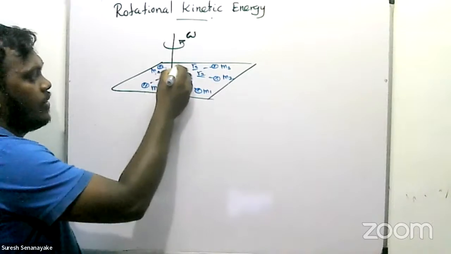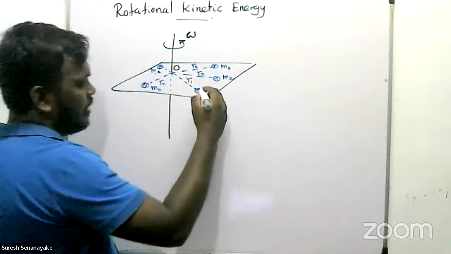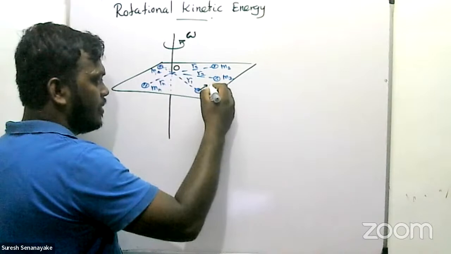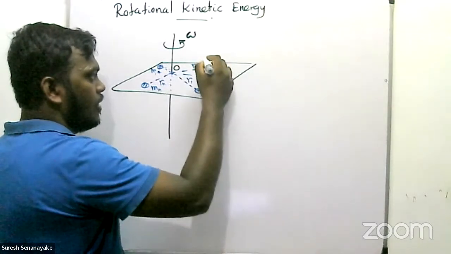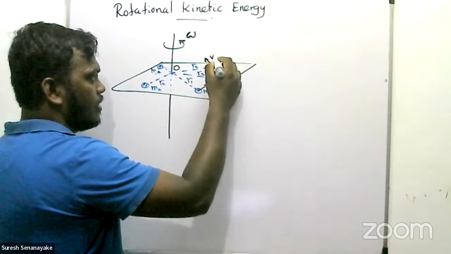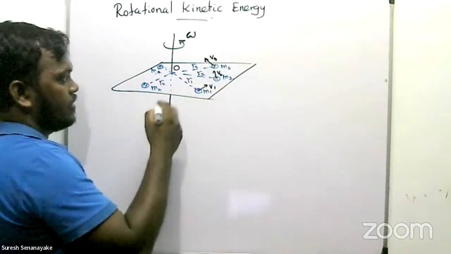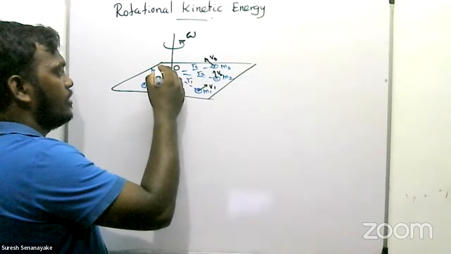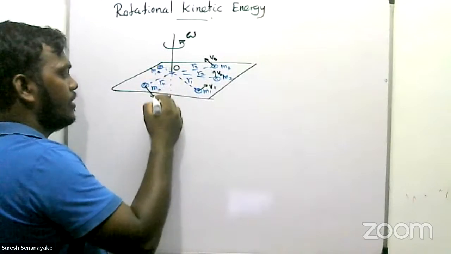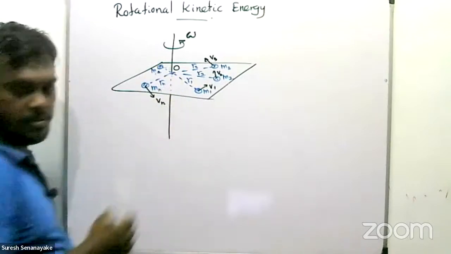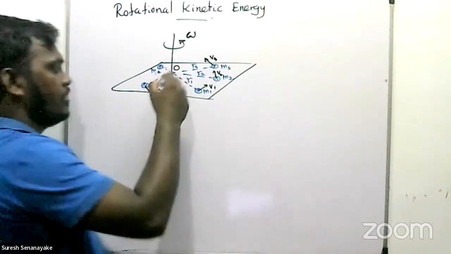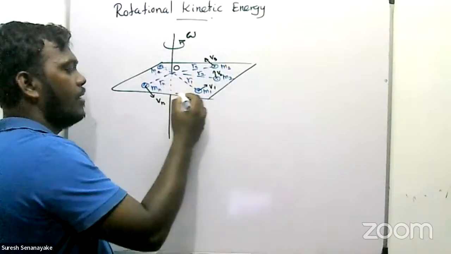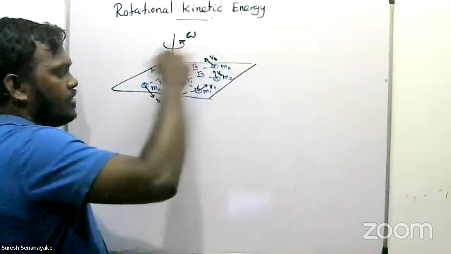The linear velocities in these directions are v1, v2, v3, v4 and so on. They are tangential velocities. When we rotate this, the particles move in different circles.